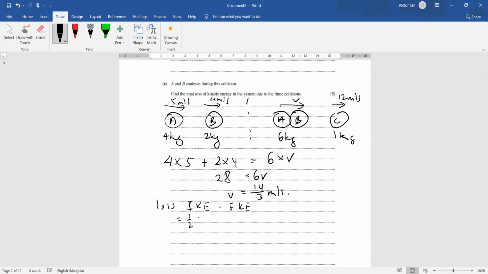So initial KE is half times the mass of A, which is 4, times the speed 10 squared, minus final kinetic energy for A and B, which is half times 6 times 14 over 3 squared, plus the kinetic energy of C. So the loss is 62.7 joules. Okay.